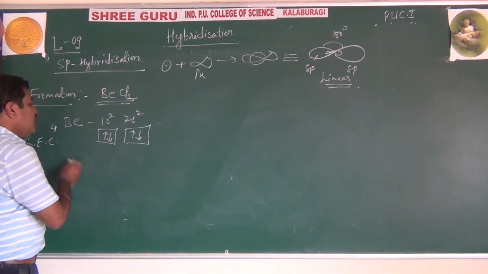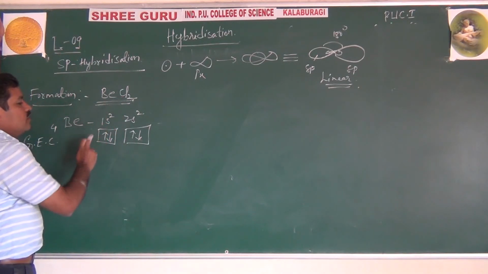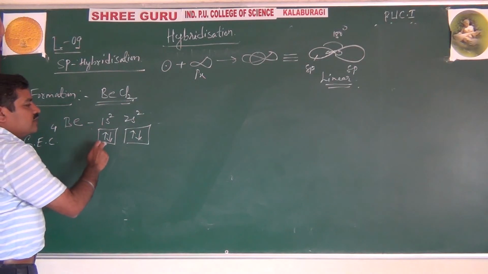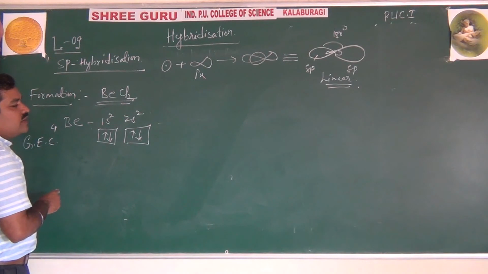So when beryllium tries to combine with two chlorine atoms, a 2s electron jumps to a higher energy level, making it ready for hybridization.